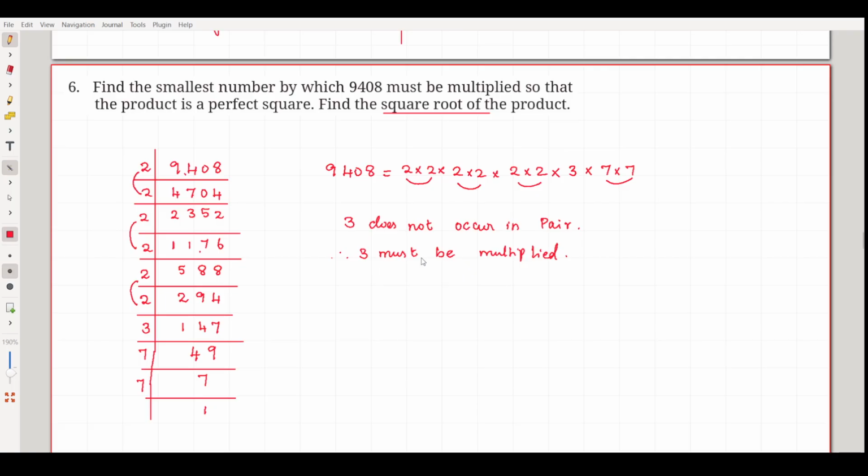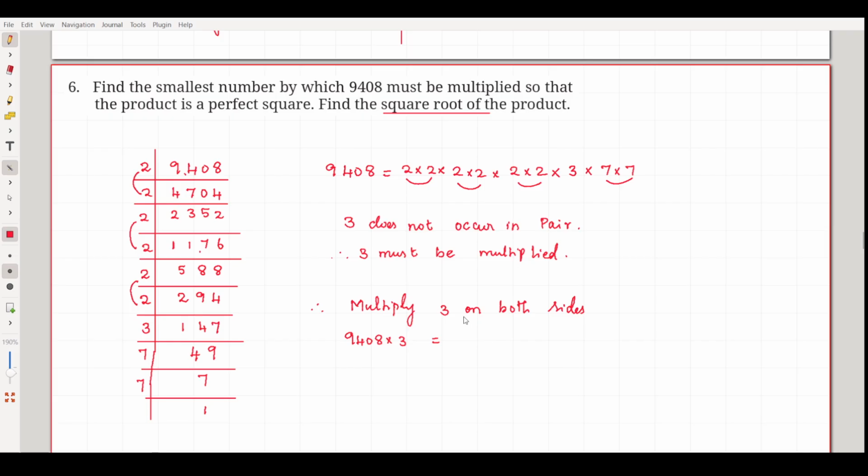Again we have to find the square root. Therefore, multiply 3 on both sides. If you multiply 9408 by 3, this will become a perfect square number.